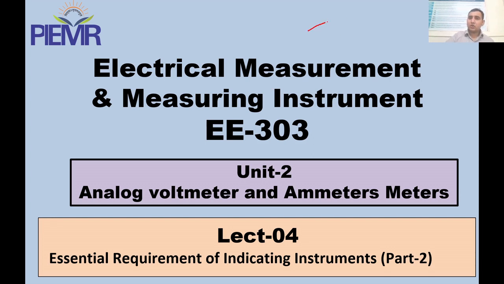Just for the sake of example, if a pointer is positioned at the zero position and it has to point to a value like 5 ampere, it does not directly indicate 5 ampere. It moves forward and backward, and that is called oscillation.